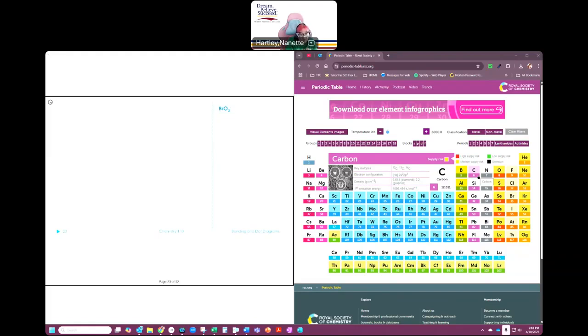And my next structure, BrO3 minus. Okay. So you've got a bromine that's going to go in here. There's one of those. I have oxygen that's going to go in here. There are 3 of those. And then there's a charge. That charge is a -1.